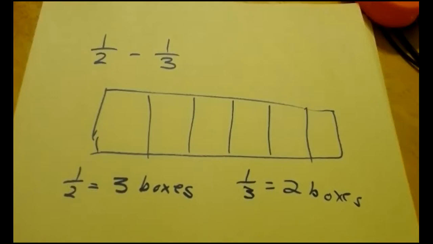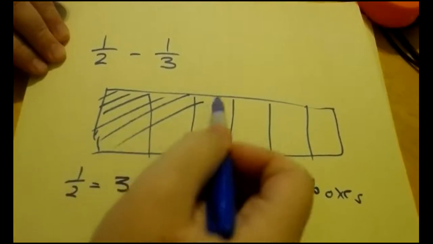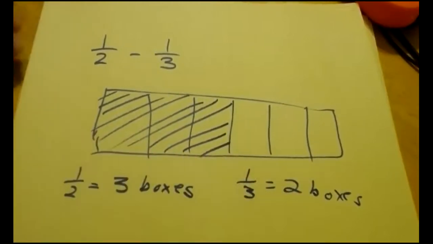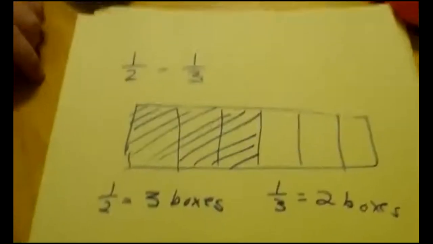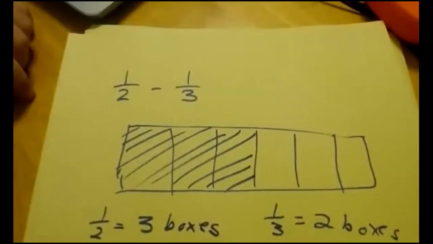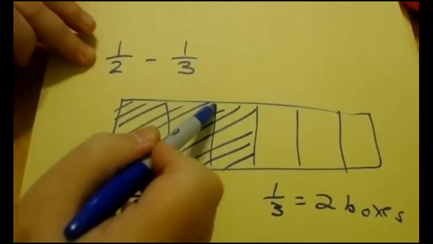And since that is the case, we could start by circling 1/2 or shading in 1/2, which is going to be 3 boxes, right? Like we said there. And now we're going to subtract 1/3, which is subtract 2 boxes.